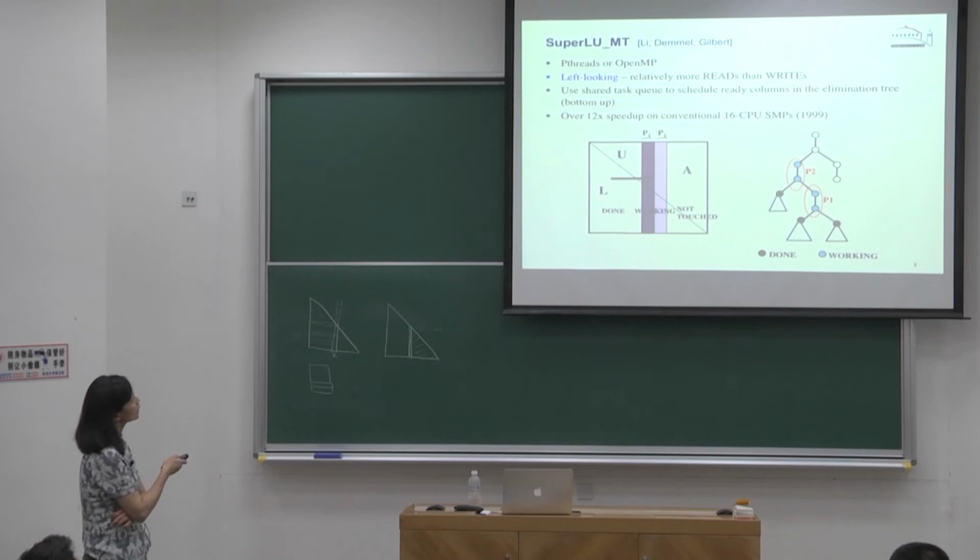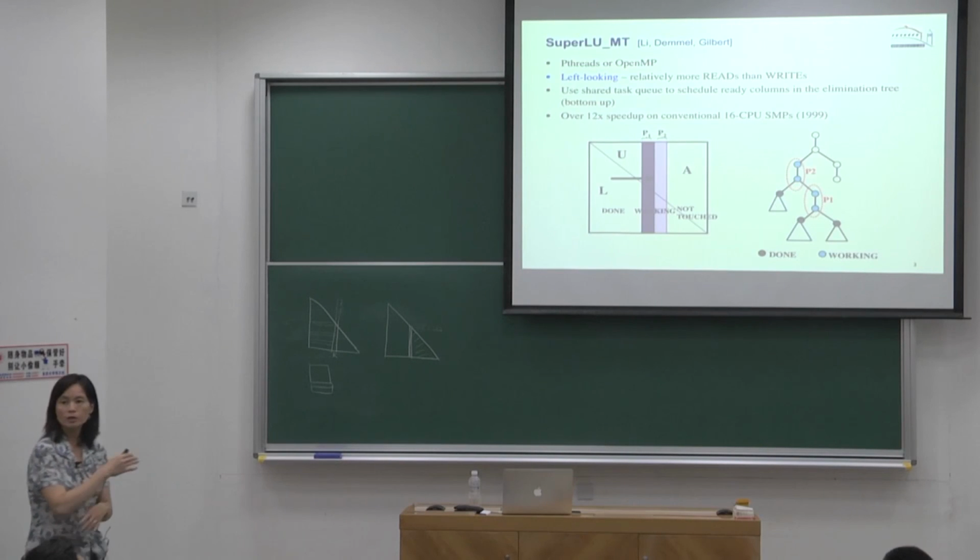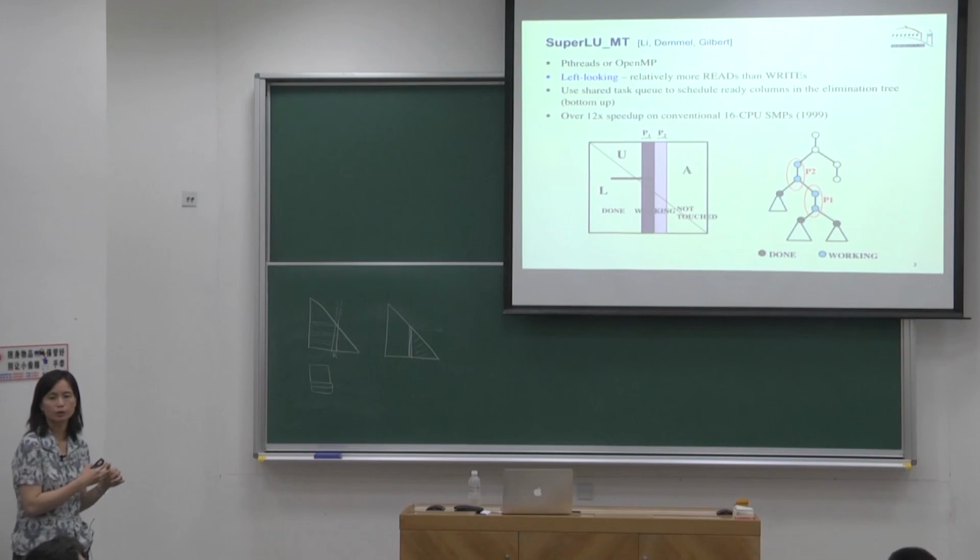I have to accumulate some of the update from my neighbor, the P1 process, right? If this one is not finished, then I cannot go ahead to do the next part, because I have to wait for the update from here. From the elimination tree point of view, P2 has to wait for that piece to finish in order to accumulate this update to here, since P2 needs updates from all of these parts. So if P1 is not finished, I have to wait. And that's where there's some synchronization going on that you need to manage.